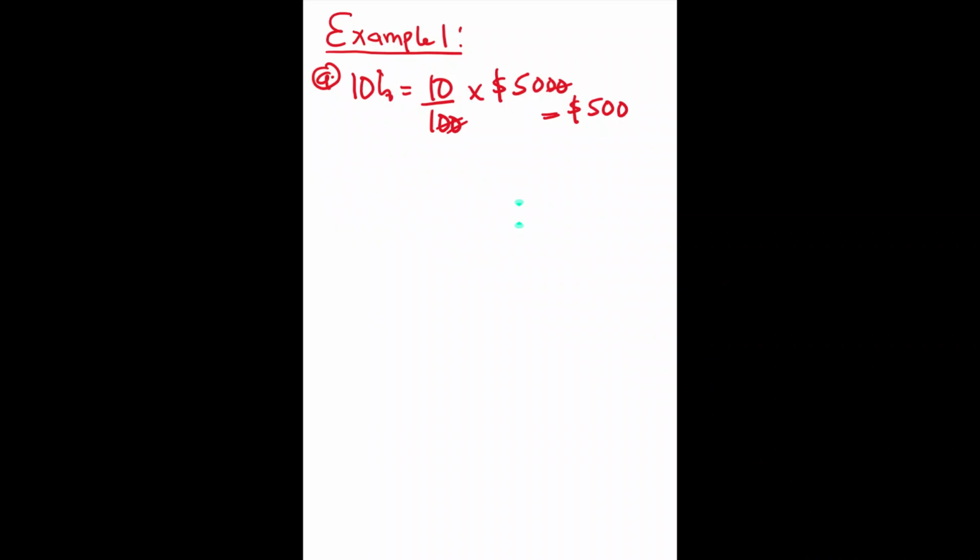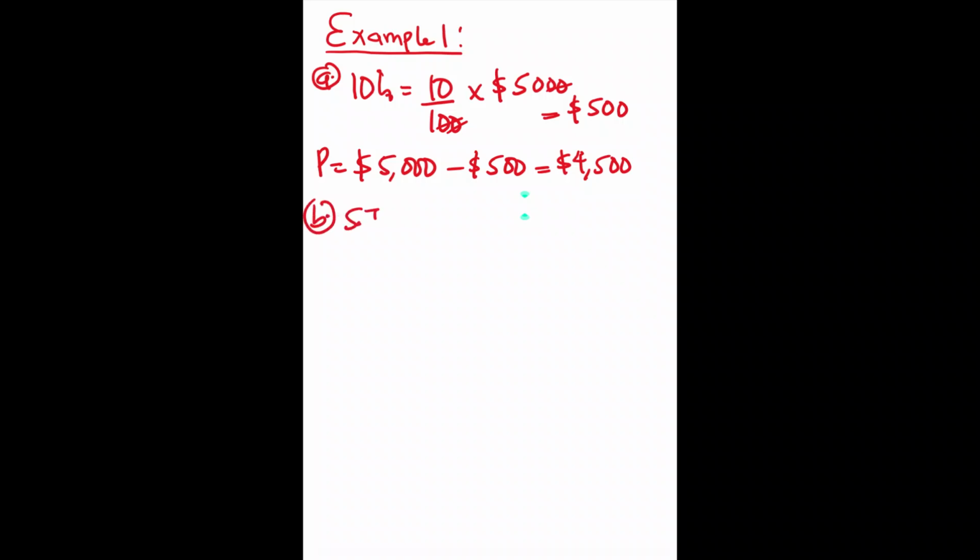We are supposed to find the principal in A, and the principal is going to be $5,000 minus $500. That will be $4,500. So that's the principal. Sorry for the mistake I made earlier.